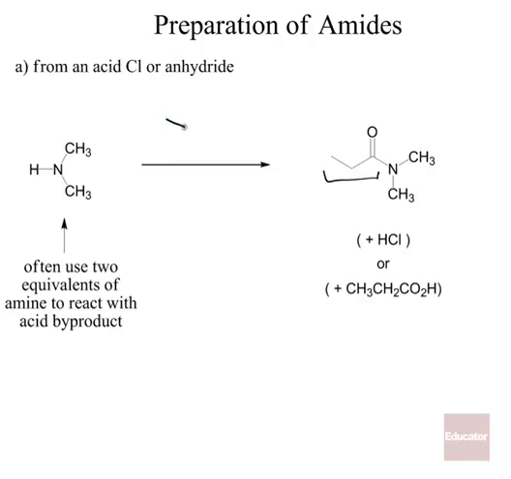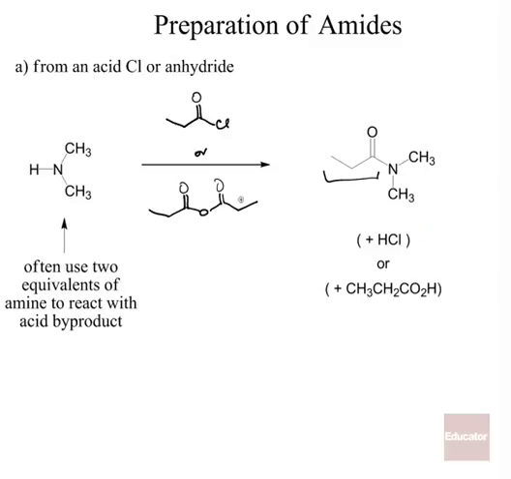Just like we did in the transform, if I used an acid chloride, I could do addition of the nitrogen and elimination of the chloride, or I could use the 3-carbon anhydride. Instead of a chlorine leaving group, I would have a carboxylate leaving group. Both of these would be great at doing the transformation, addition elimination.